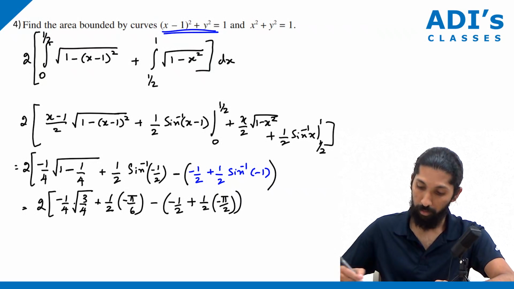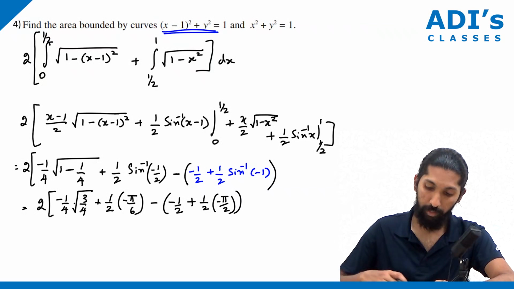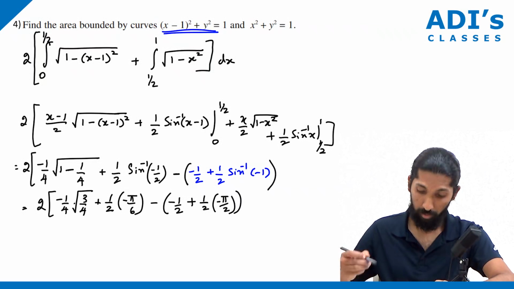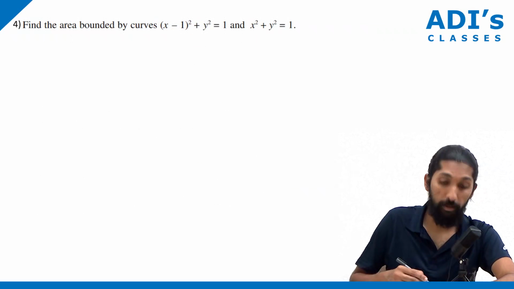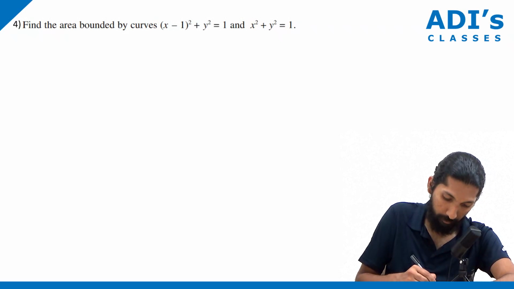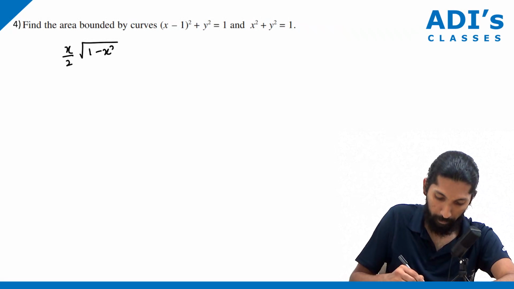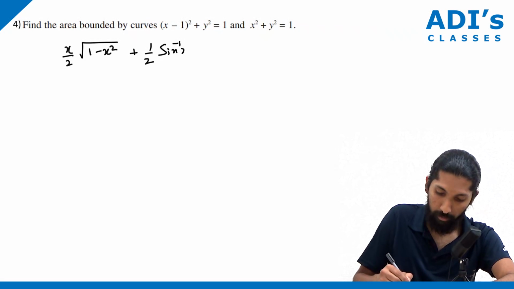In the second part, we are substituting the limits half to 1. So you're going to have x by 2 into root of 1 minus x square plus 1 by 2 into sine inverse of x from half to 1.